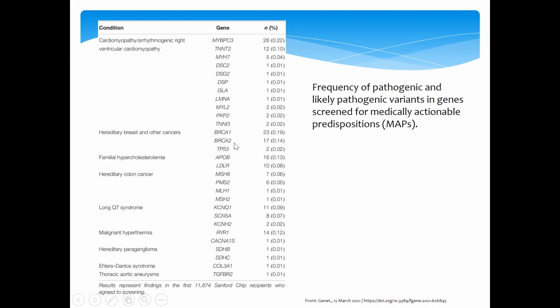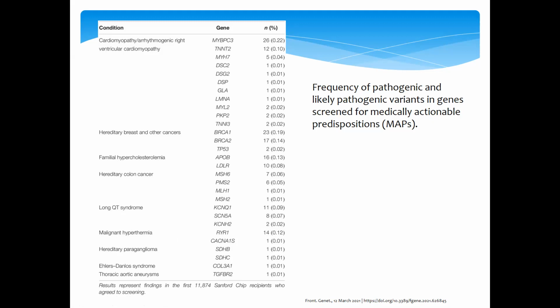Breast cancer, we've got the BRCAs. Cholesterol, we've got these two. 16% is pretty high. Cardiac arrhythmia, QT syndrome, 11%. And malignant hyperthermia, you don't hear about it a lot, but if you work in the OR and you're an anesthesiologist, this can be a bad thing and it can cause death.